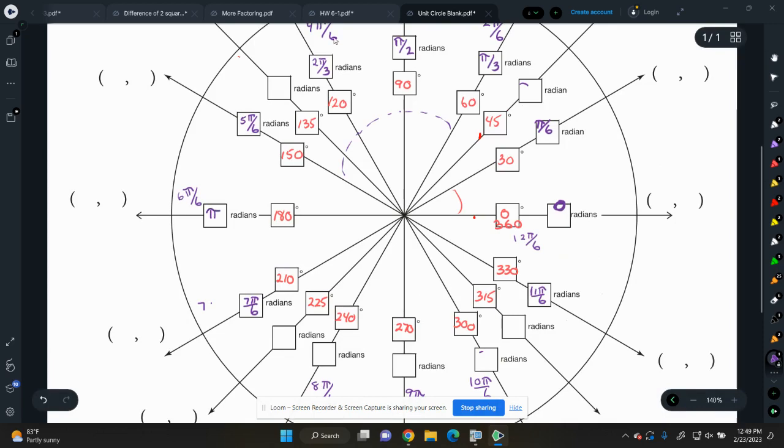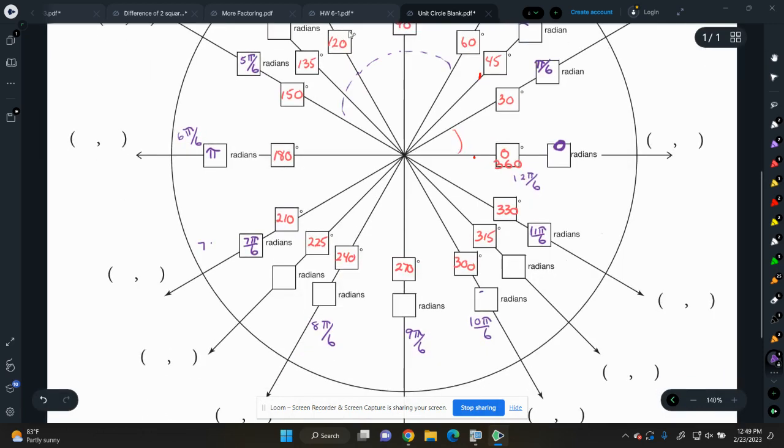So 180 degrees is pi. 8 pi over 6 is 4 pi over 3. So 240 degrees is 4 pi over 3. 9 pi over 6 is 3 pi over 2. So that's 270 degrees. 10 pi over 6 is 5 pi over 3. And then we have 11 pi over 6. And then 12 pi over 6 is 2 pi. Okay.